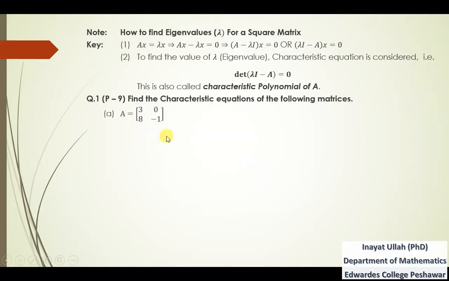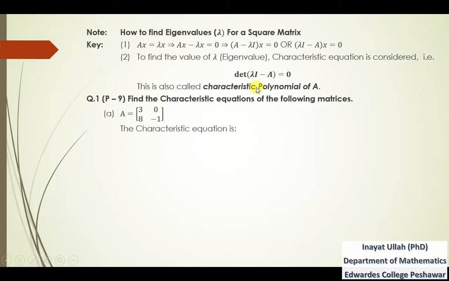That is a matrix A. We have denoted this matrix by A. You can denote this matrix by B as well, and then we will write B here, and whenever you denote this matrix by C, we will write C instead of A. Anyway, we are going to find the characteristic equation of this matrix, and we see that this matrix is a square matrix.